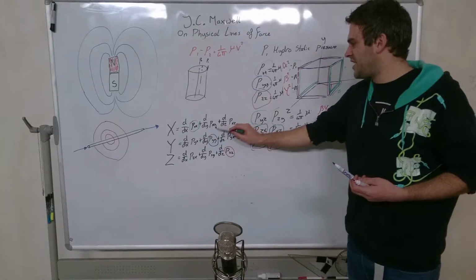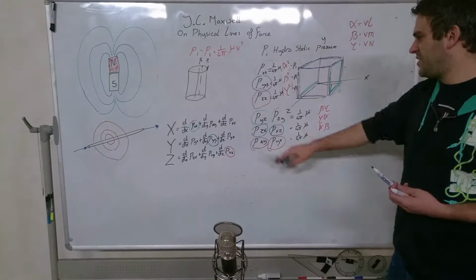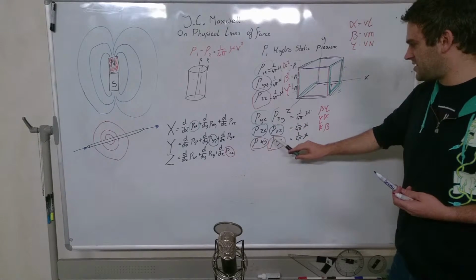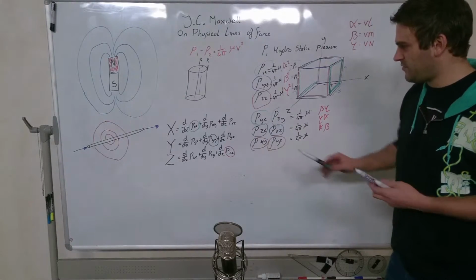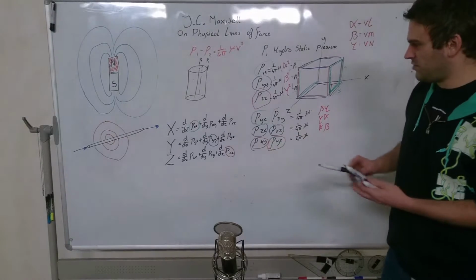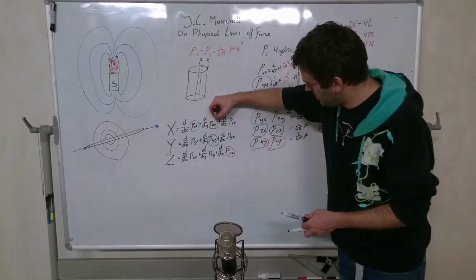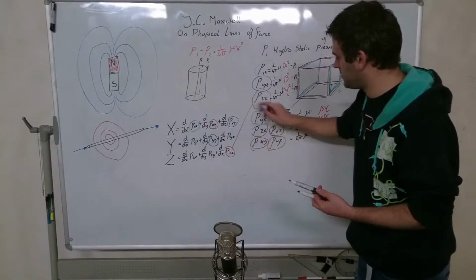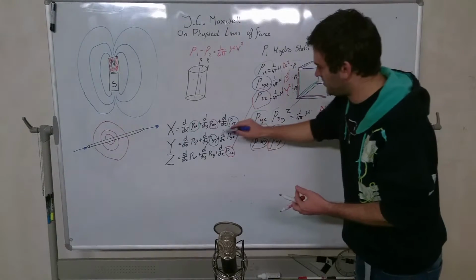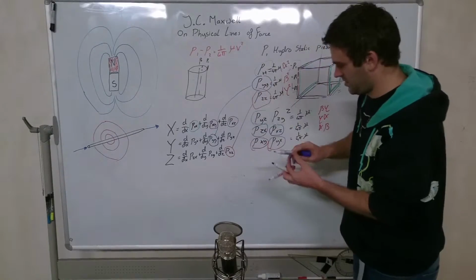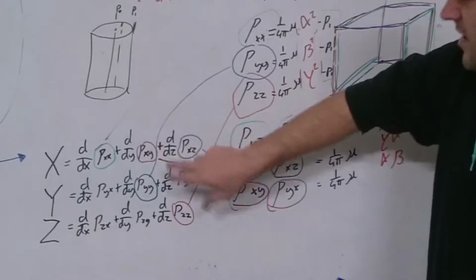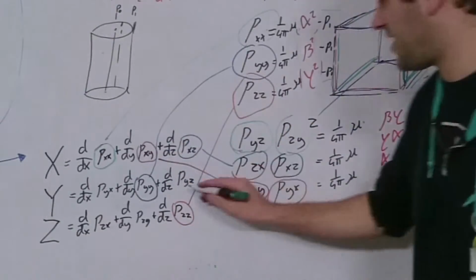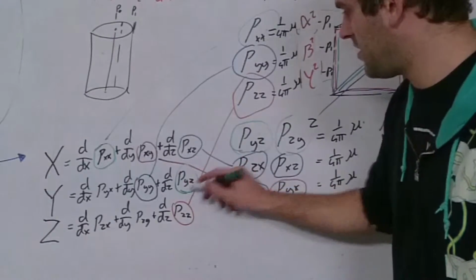And here we have pxy, pyz, pxz. Pxy is a red one, pxz is a blue one. This one is a red one, and this one is a blue one. Let me just make it a little bit easier, connect them to the rightful owners. If these are red and blue, then it's got to be a green one here.